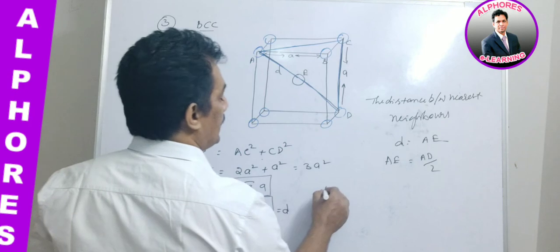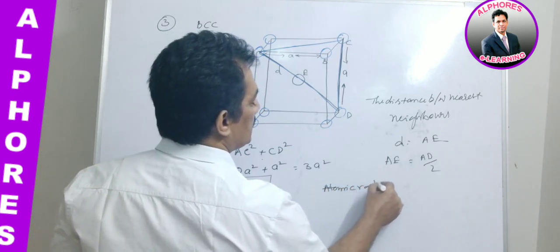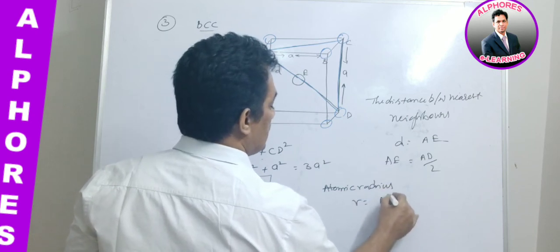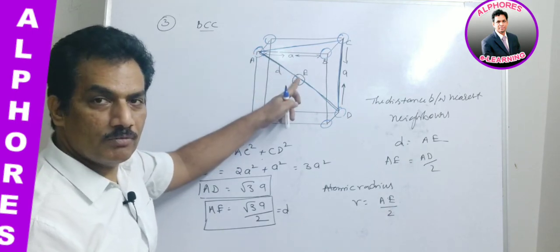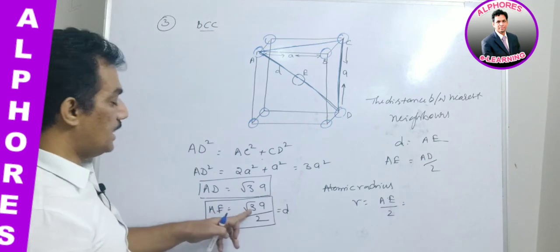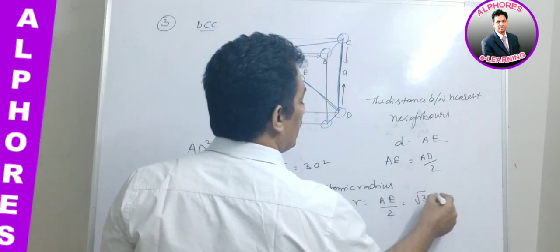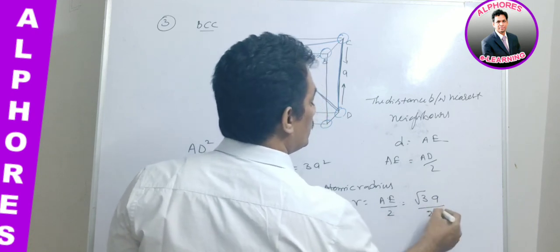And now atomic radius R is equal to AE by 2. Internuclear distance of these two by 2. Here AE value is derived as root 3A by 2 into 2.